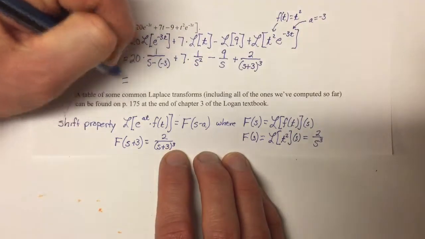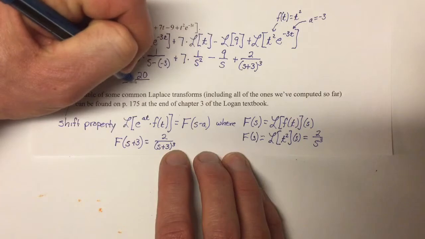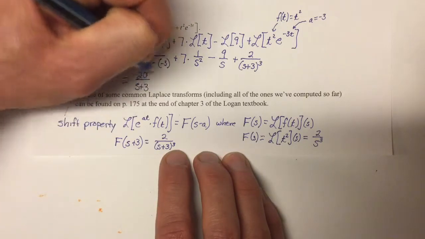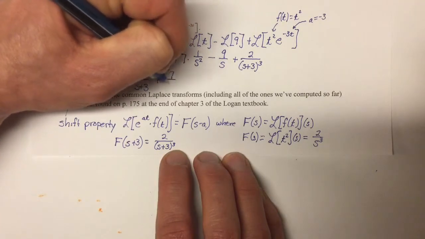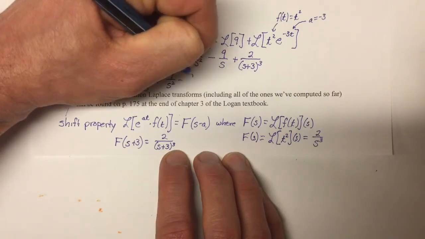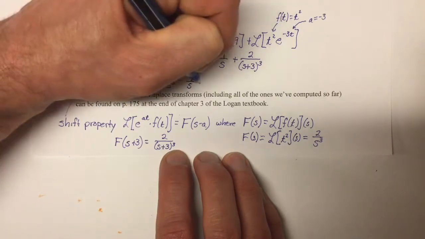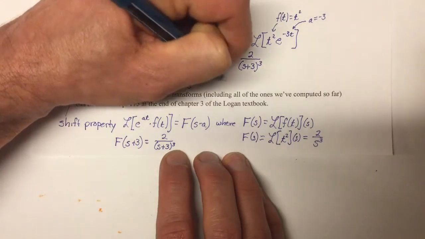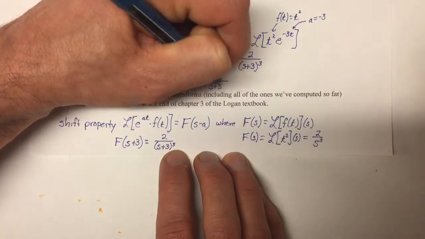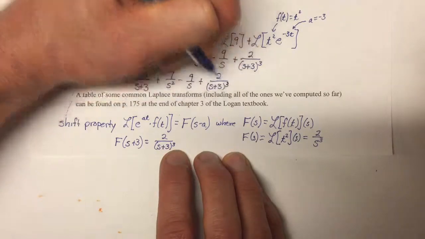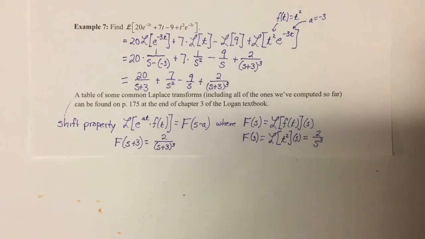And so we have 20 over s plus 3 plus 7 over s squared minus 9 over s plus 2 over s plus 3 cubed. And that completes the example.